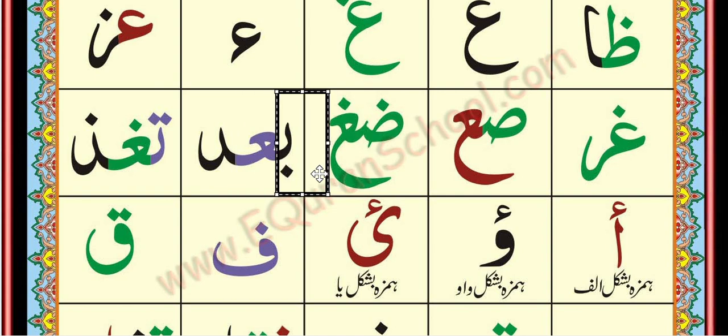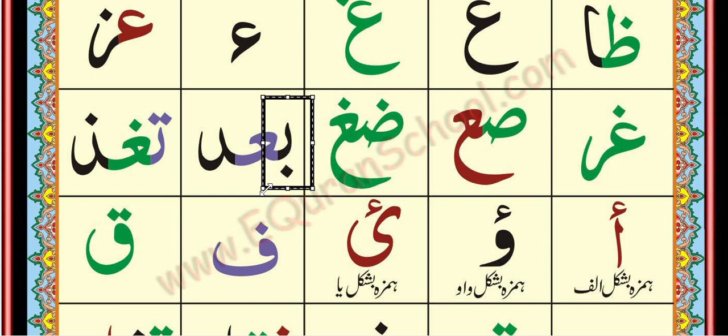This shape belongs to that one, and this one is Ghain, it belongs to this. It's compressing, pressing, the shape becomes small. This is the full shape of Ain. Now it loses this, and look, first this shape, second this shape, third this shape. That's it.